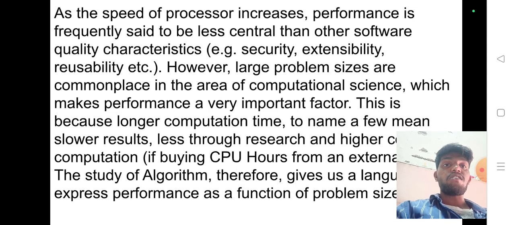This is because longer computation time, to name a few, means slower results, less thorough research, and higher costs if buying CPU hours from an external provider. The study of algorithms therefore gives a language that expresses performance as a function of problem size.